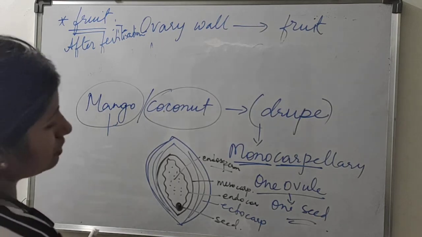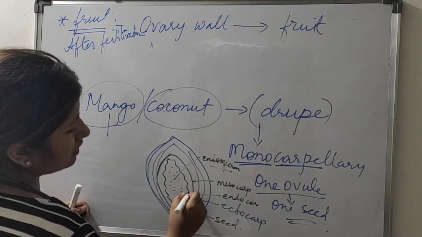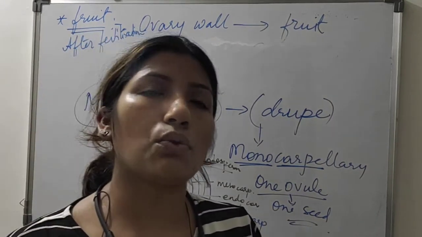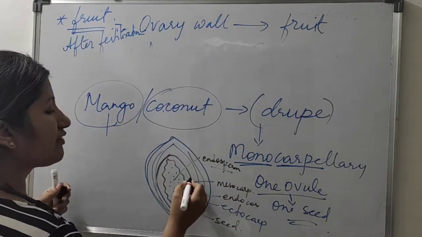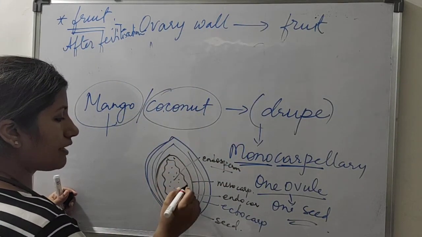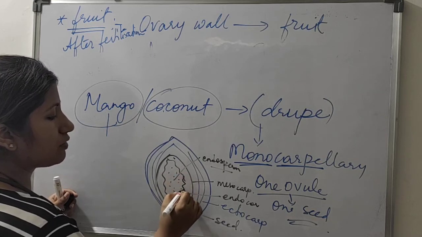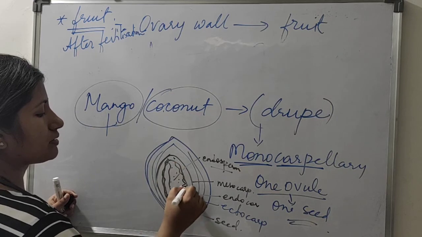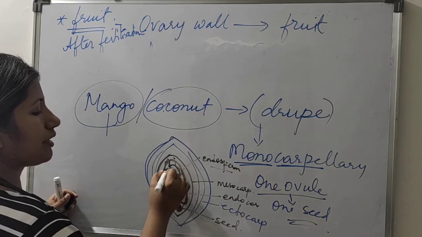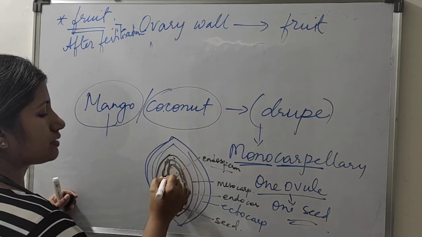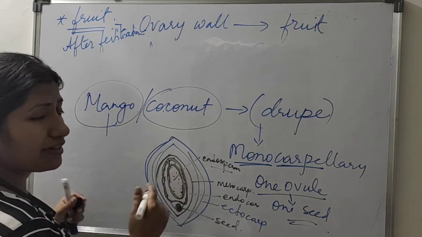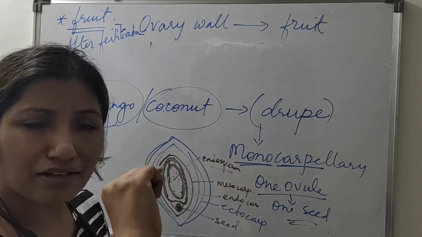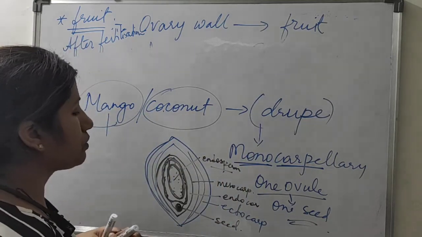Now if you can recall the structure of the coconut, after this tough part there is one more layer, not the white part I am saying. The white part is a part of endosperm only, that is part of the seed. Immediately after the tough part which you break, there is another layer, that is endocarp.